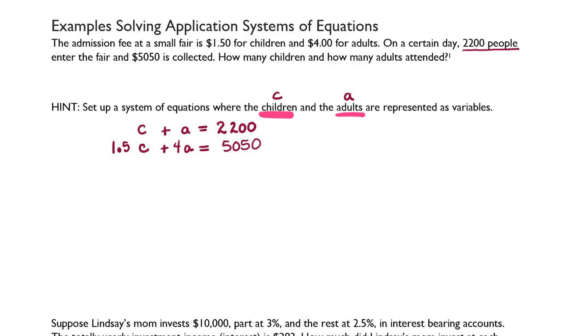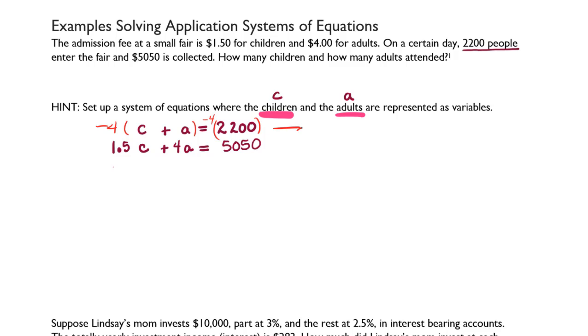Now the next step would be to figure out what you want to multiply the first equation by so that it's the opposite sign, but one of the terms will drop out. I noticed that 4 is a nice integer value, 1.5 is not, so I'm going to opt for a number that is the opposite of 4. I'm going to go for -4. That's what I'm going to multiply both sides of my equation by.